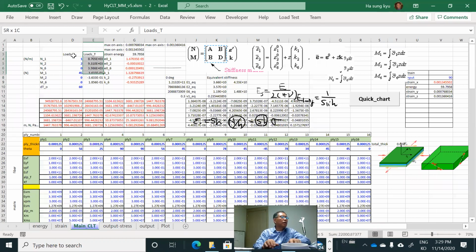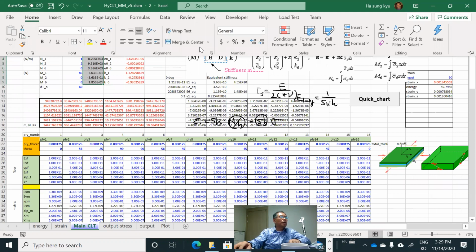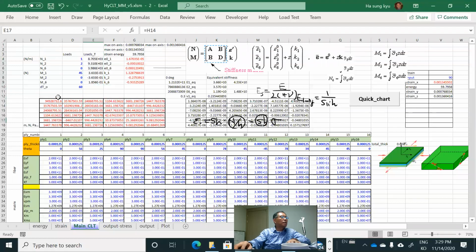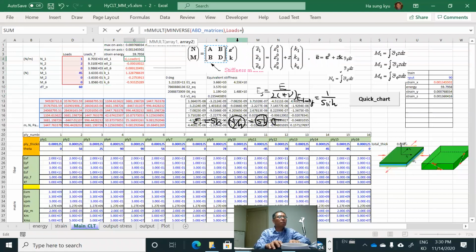Okay, so this is the thermal load, and all you need to do is to add that in addition here, plus load T.